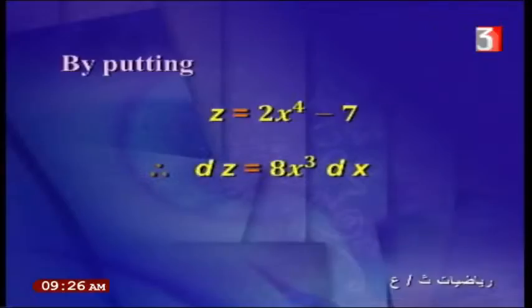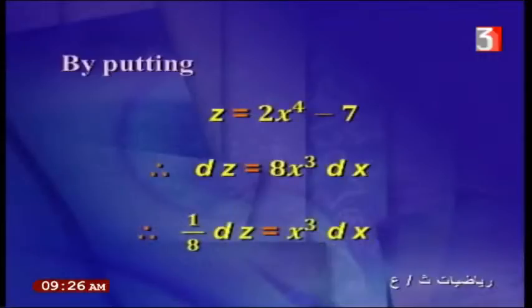By putting z equals 2x power 4 minus 7, the expression inside the bracket 2x power 4 minus 7 equals z, and the differentiation of both sides, dz equals 8x power 3 dx, and the differentiation of 7 equals 0. Then 1 over 8 dz equals x power 3 dx.